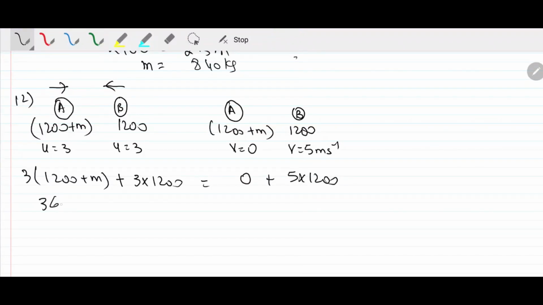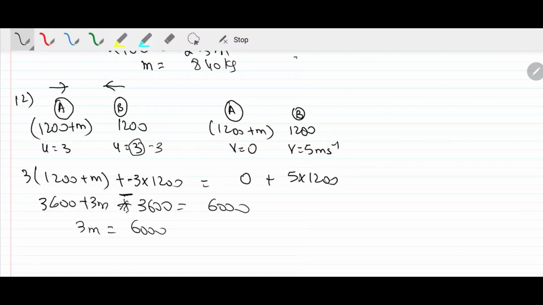So this is 3600 plus 3m minus 3600 is 6000. Since this is traveling in the opposite direction, this is minus 3. So the 3600 cancels off. 3m is 6000, m is 2000. Always remember that when the direction is opposite, the sign will be minus 3. Please be careful about that.